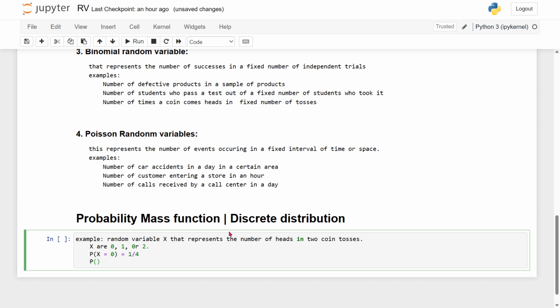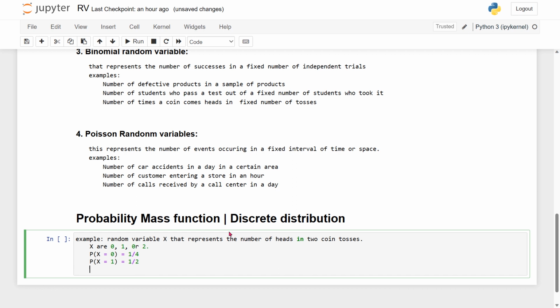And the probability of capital X when the value is 1 is 1 divided by 2. And the probability of random variable X when the value is 2 is 1 divided by 4.